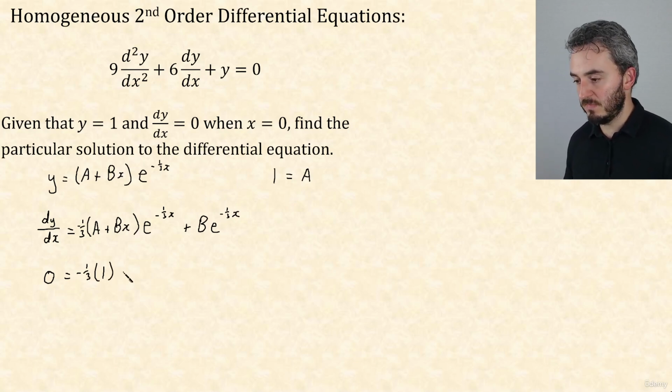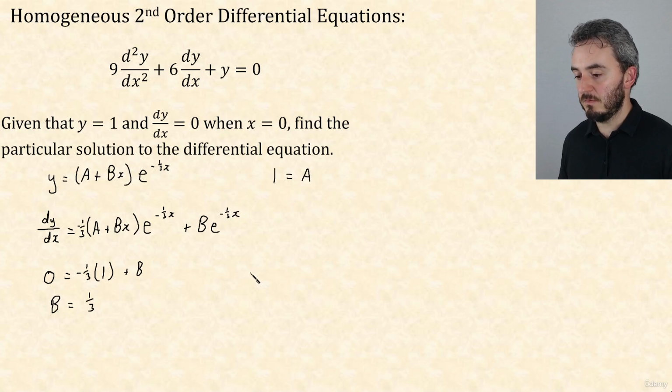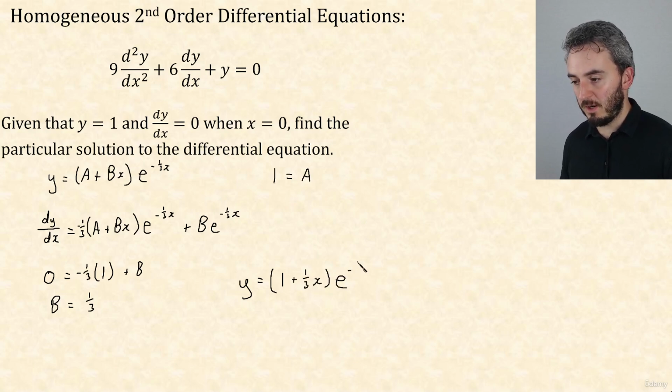Then we've got plus b times e to the 0, which is 1, so that's just b. So minus a third plus b equals 0, so b is a third. And so the particular solution is y equals 1 plus a third x multiplied by e to the power of minus a third x.